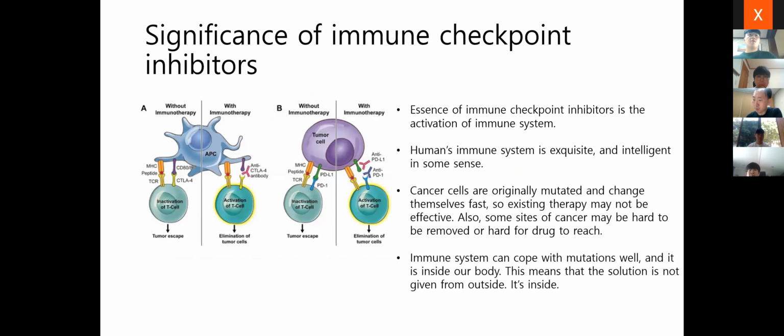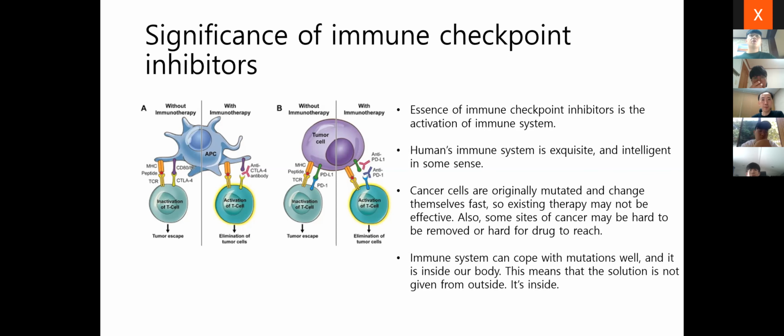Then it has cost issues and effectiveness issues, but immune checkpoint inhibitors are definitely the third generation drug of cancer therapy, and it is heavily researched by a lot of people. Then why is it? Because this therapy may be the essential way to get rid of the cancer.